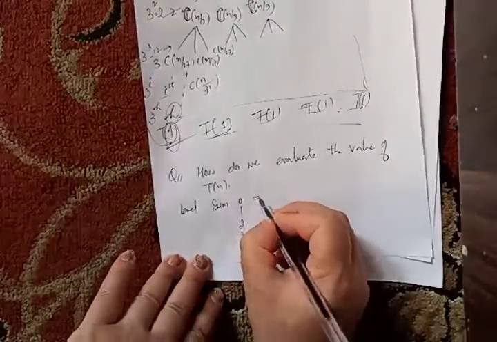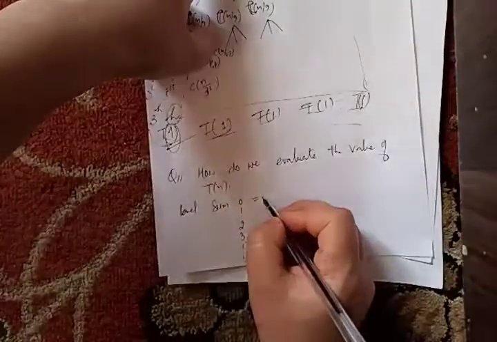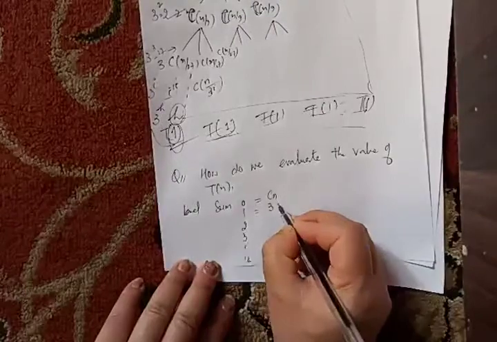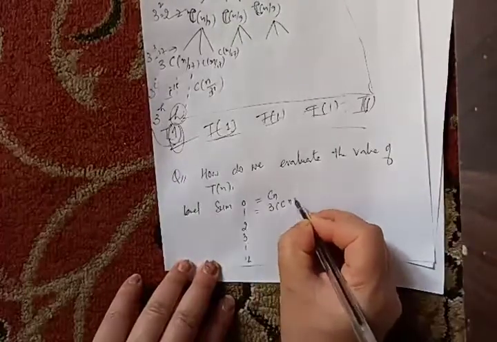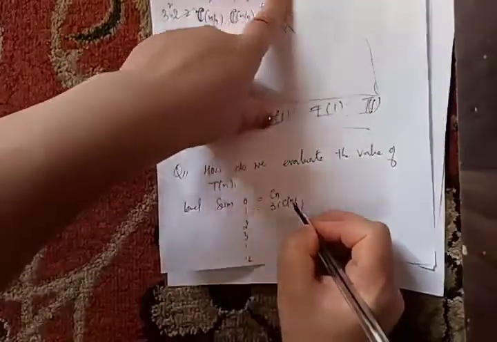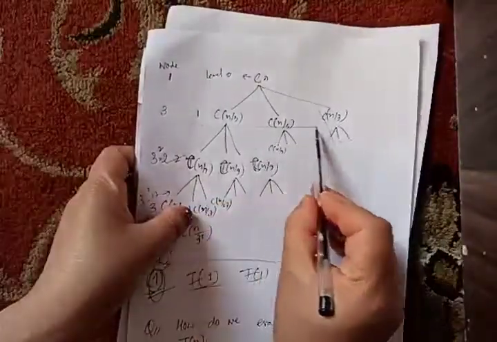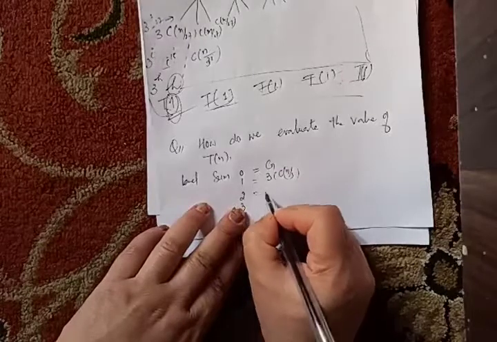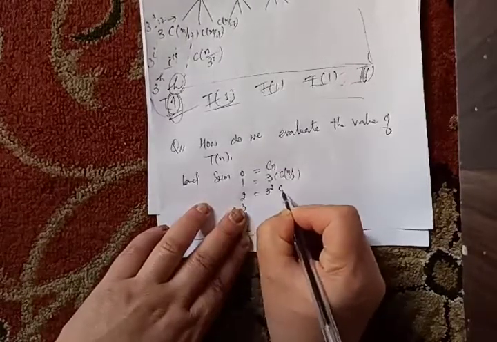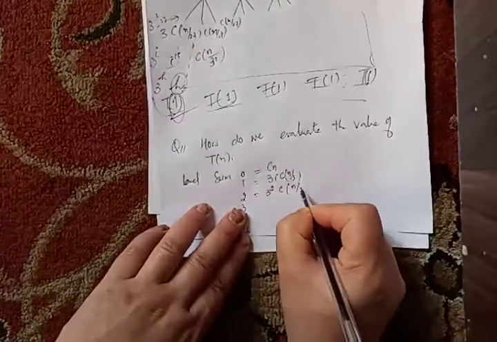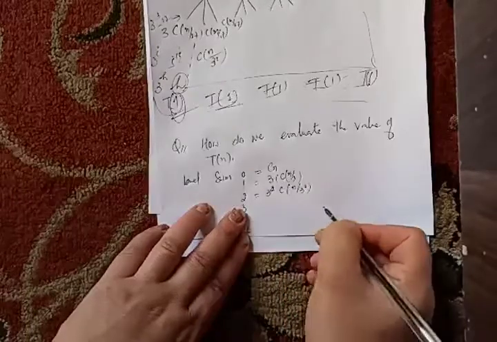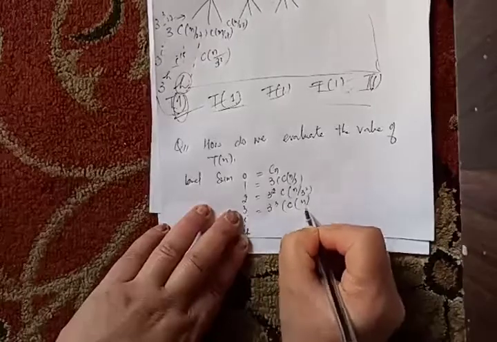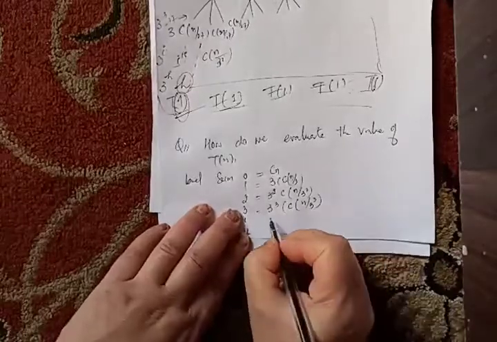At the 0th level, how many nodes do we have? 1, and that is c of n. At the first level we have 3 times c n divided by 3. At the second level we have 3 squared times c n divided by 3 squared, that is c n by 9 each. And at the third level we have 3 cubed times c n divided by 3 cubed, and so on.